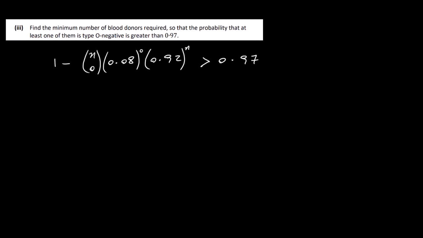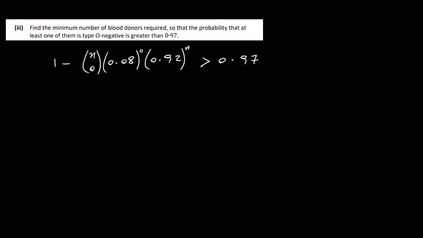So we don't know the number at this stage, so we're going to look at n choose 0. It's going to be 0.08 again to the power of 0, and 0.92 to the power of n minus 0, which is n. This is our probability, and we want that to be greater than 0.97. So we've got to work out what n is in this particular case.